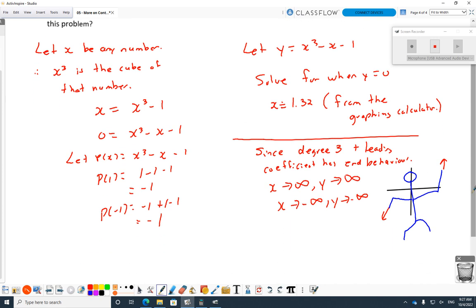Since degree 3 leading coefficient has end behavior, blah, blah, the intermediate value theorem says y must equal 0 somewhere.